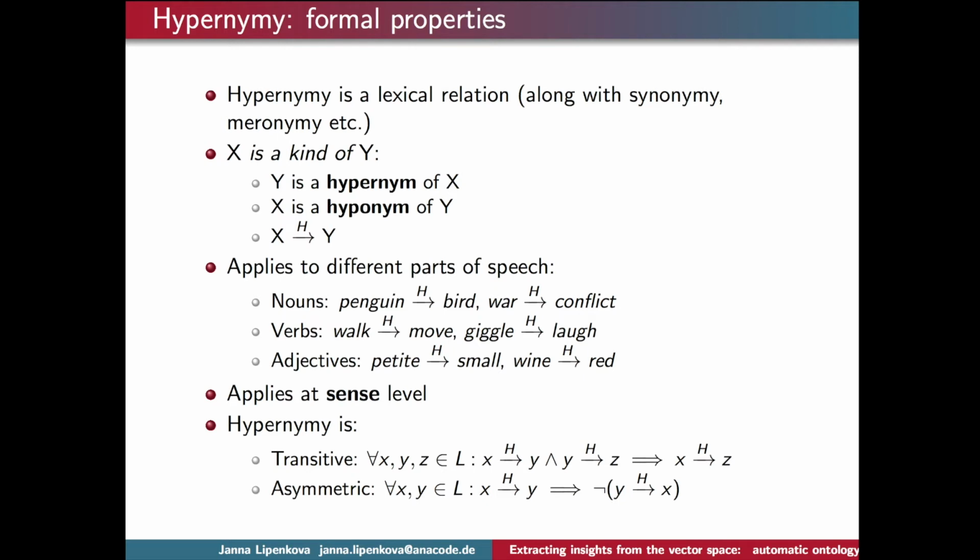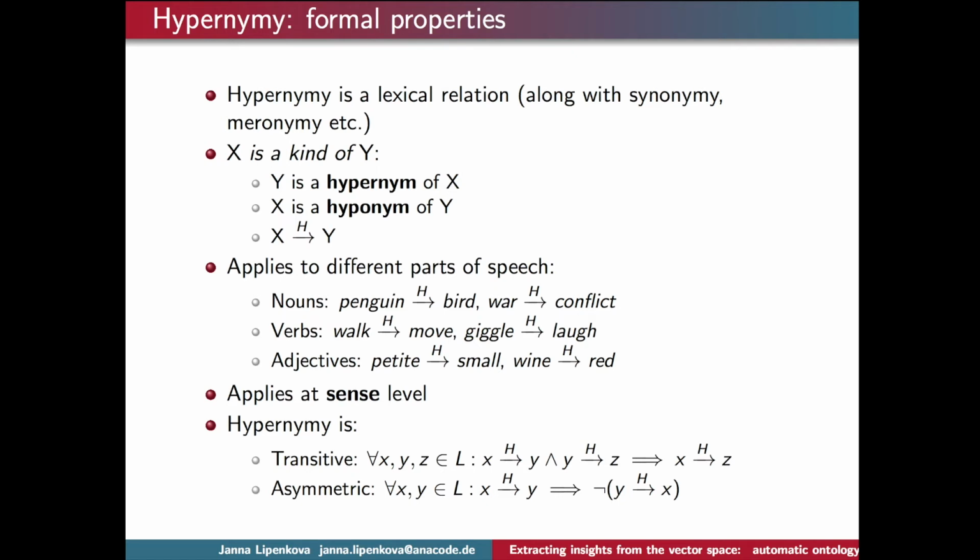So important note, hypernymy applies at the sense level, not the word level, and this obviously offers additional potential for a more granular approach on the side of NLP. The logical relations of hypernymy are transitivity. So if x is a hyponym of y and y is a hyponym of z, then we can also follow that x is a hyponym of z.